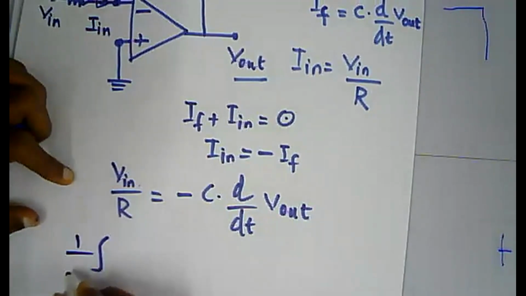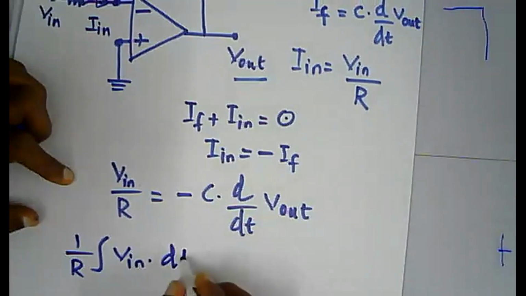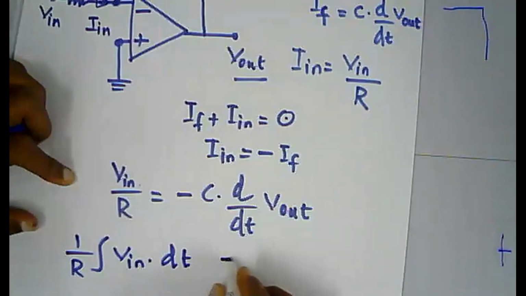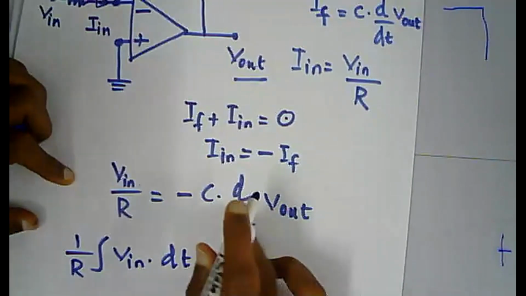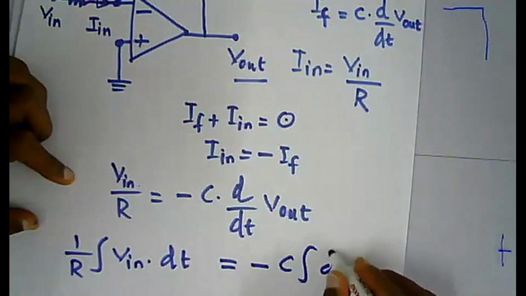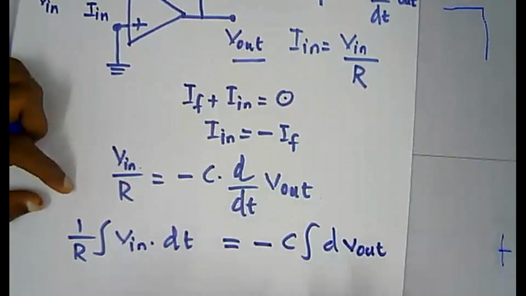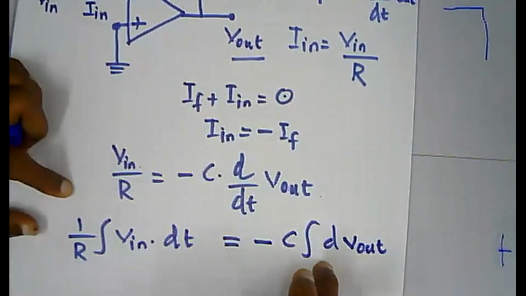So 1 over R is a constant. I can write it in front, and then V in into dt equals minus, C is a constant, so C into integration of dV out. The integration of dV out becomes V out.